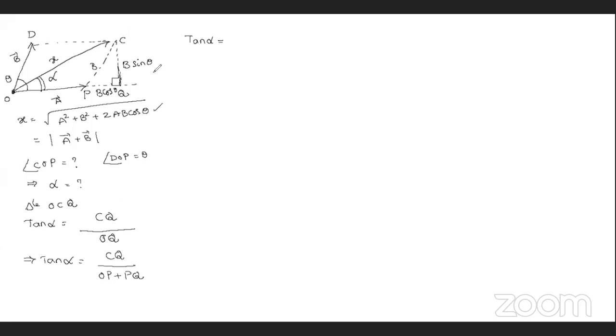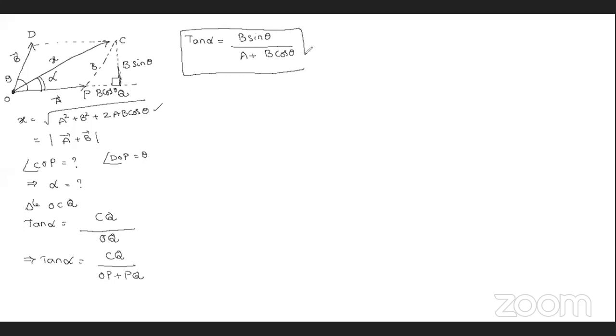CQ value is already there on the board. It is B sin theta divided by OP. Value of OP, you know, has the magnitude of A. So A plus PQ, whose magnitude is B cos theta. So tan alpha is equals to B sin theta by A plus B cos theta.